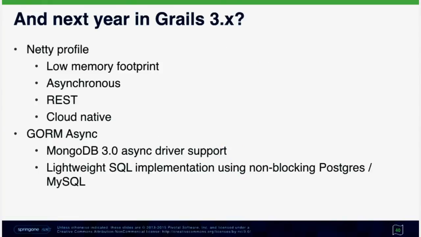And then in terms of next year, where do we see things going? In 2016, we're pretty excited to start making Grails more reactive. So we're going to build a Netty profile that essentially allows the development of Grails applications which are fully reactive and asynchronous and occupy a lower memory footprint.